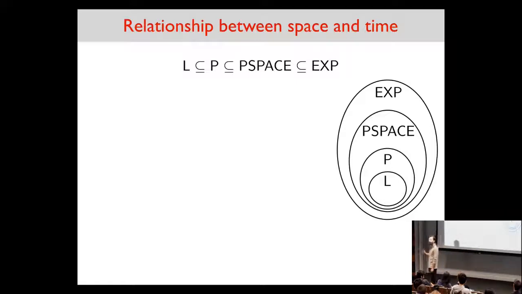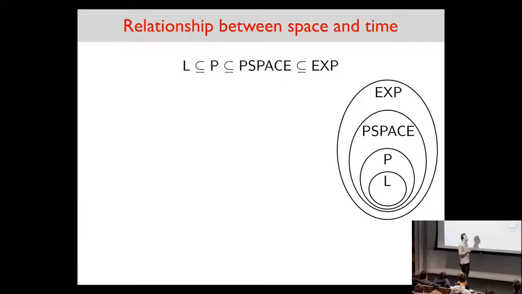Right, so in each time unit, you can access at most one new cell. So if you're running in polynomial time, you can use at most polynomial space, because at each time unit, you access at most one new cell. Right, so that's that.